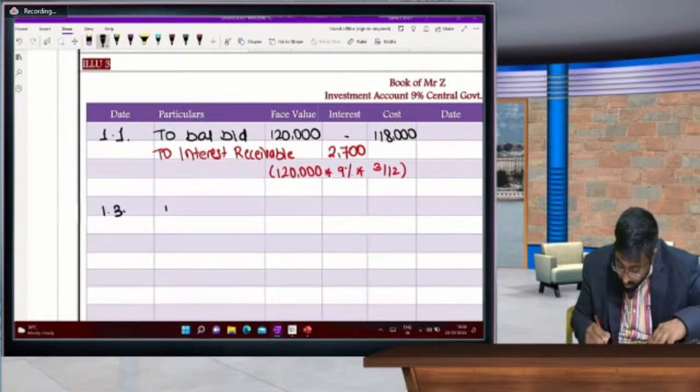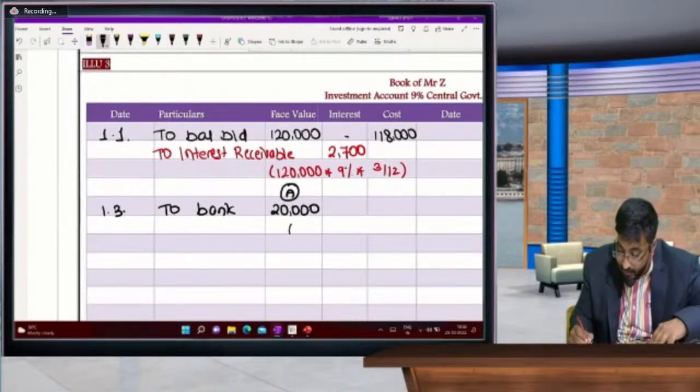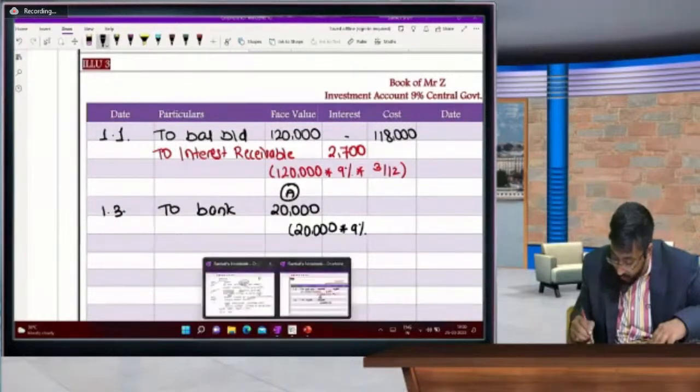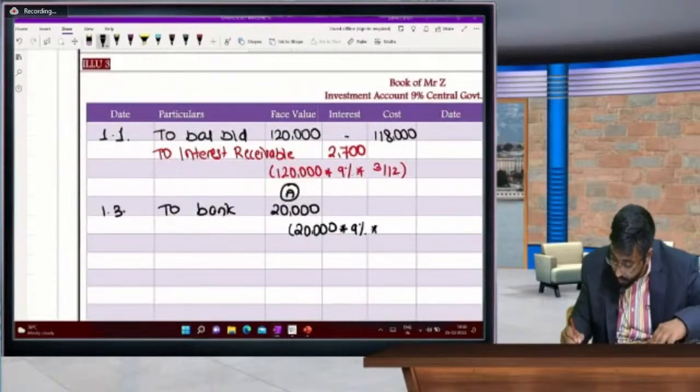First March to bank. A I'm going to write it in the face value column. 20,000. How many months beta? 20,000 into 9%. We calculated na. October to, yes, 5 months. Have you written it? Yes, 5 months. So into 5 by 12.